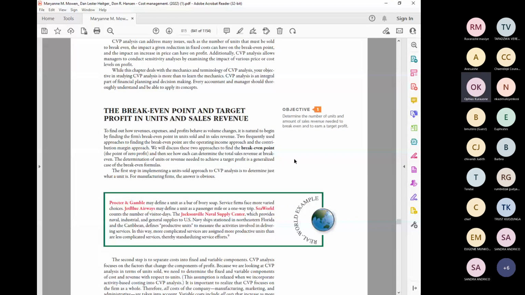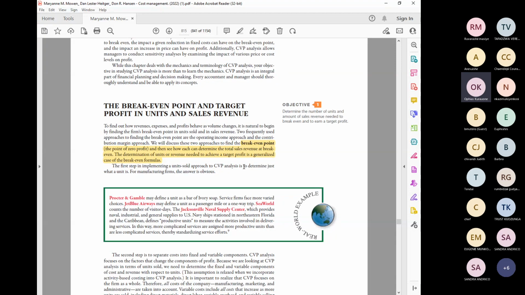Okay. The break-even point, like I said, is the point of zero profit. You don't make a profit, you don't make a loss. That is the break-even point. Here we use the contribution method. We are saying the selling price less the variable cost gives us the contribution.